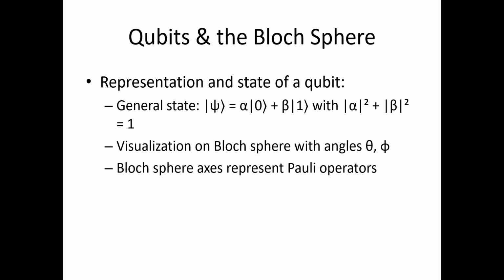A very useful way to visualize the state of a single qubit is a Bloch sphere, where the different points on the sphere correspond to different superpositions defined by angles theta and phi. The axes of the sphere also relate to important quantum operations known as Pauli operators.